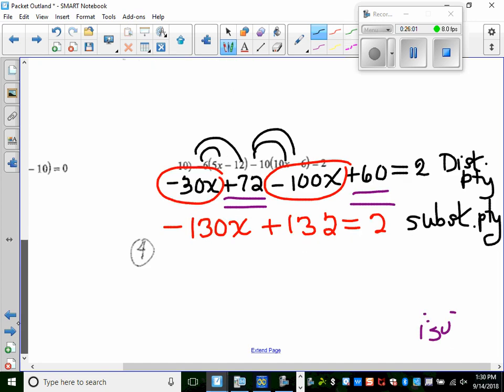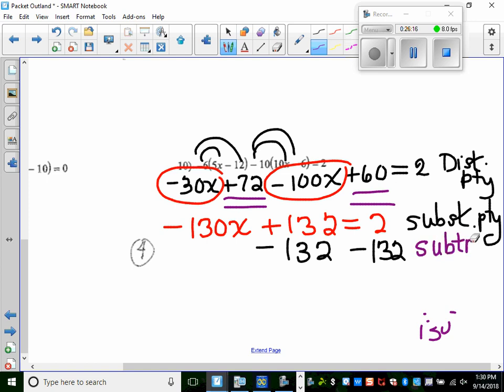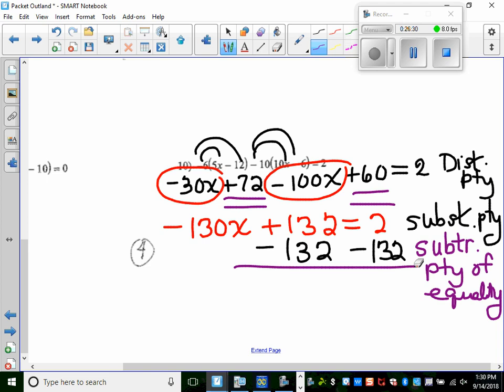Okay. Now we're just going to go ahead and finish solving this. So I'm going to subtract 132. What property? Subtraction property of equality, right. And I'm just going to abbreviate because I'm running out of space. All right, draw my line, bring down my negative 130x equals negative 130.